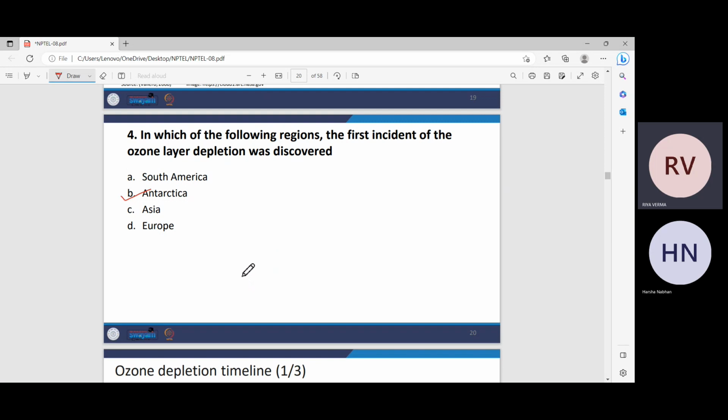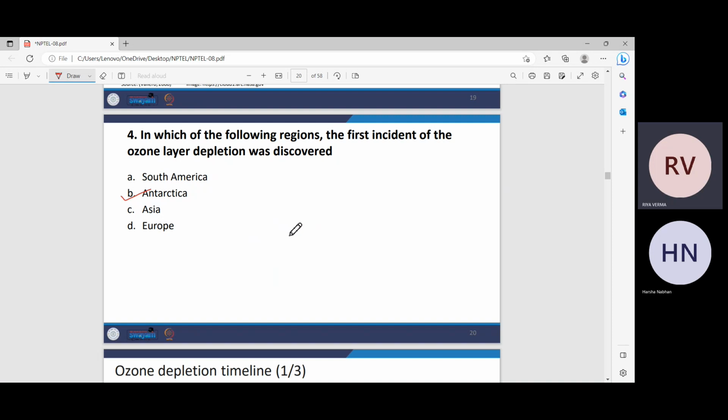So the ozone layer, as told earlier, is a thick layer of ozone gas present in the stratosphere. But at certain places, due to these reactions with the ozone depleting substances, the ozone layer has started thinning at some points.